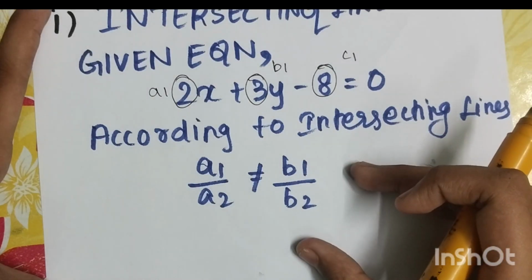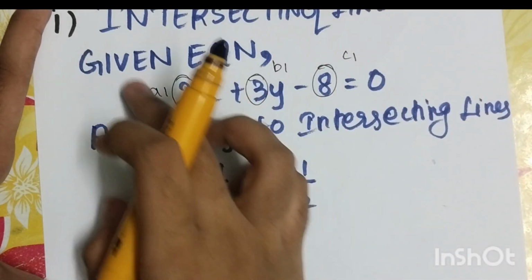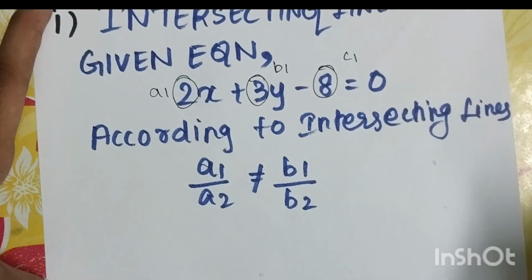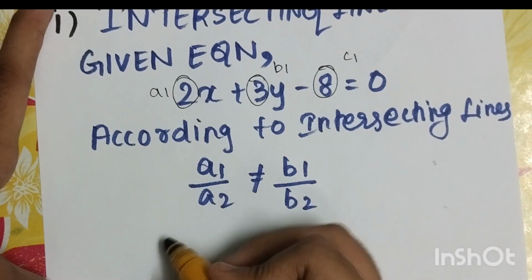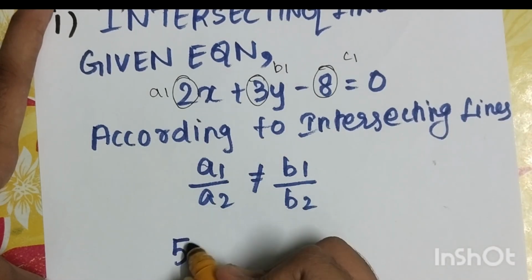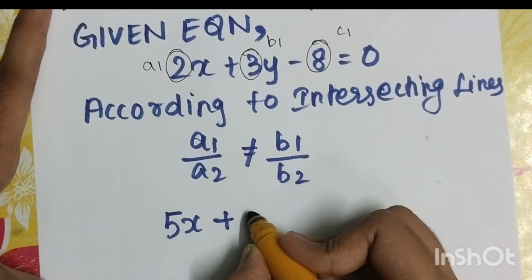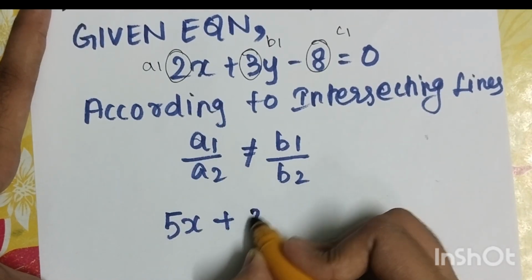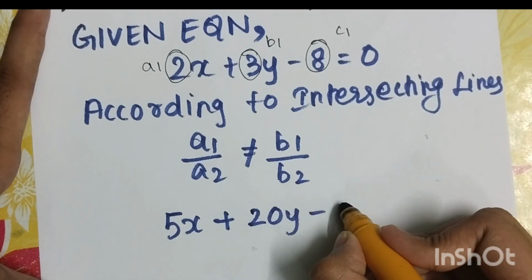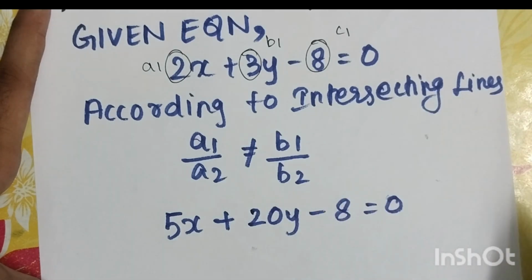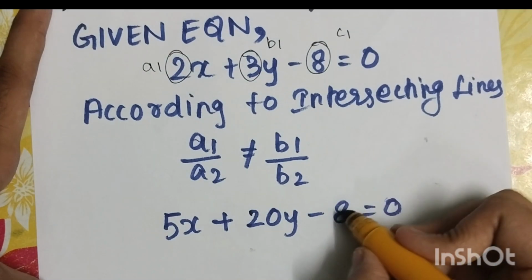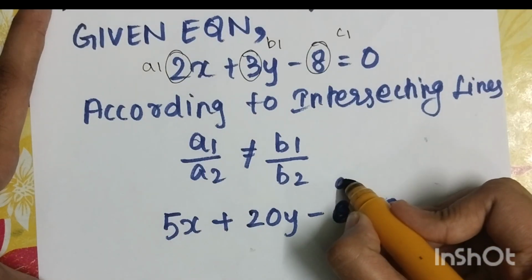So my ratio should not be equal, right? So if it is not equal, I can just write some random whole numbers. Okay, so it should not be equal, right? So I'm going to write any other number, for example 5x plus 20y minus 8 is equal to 0, or instead I can write also 9.